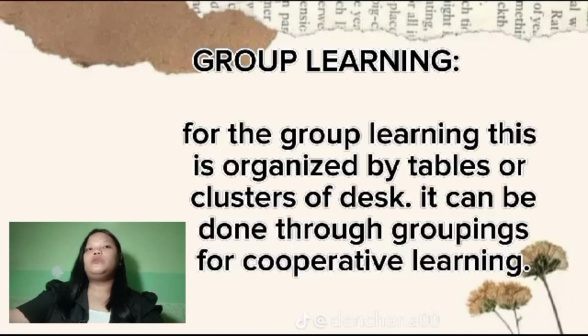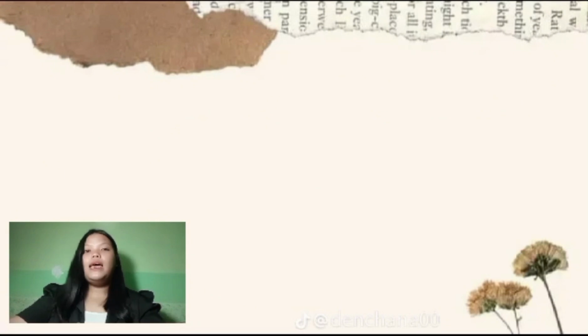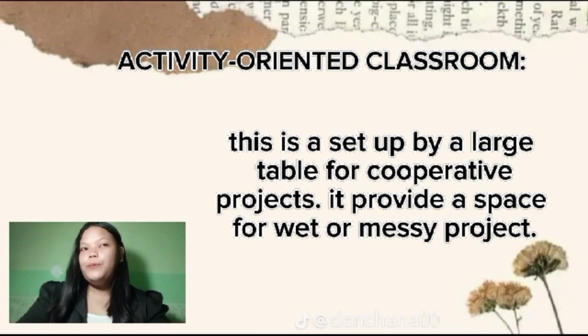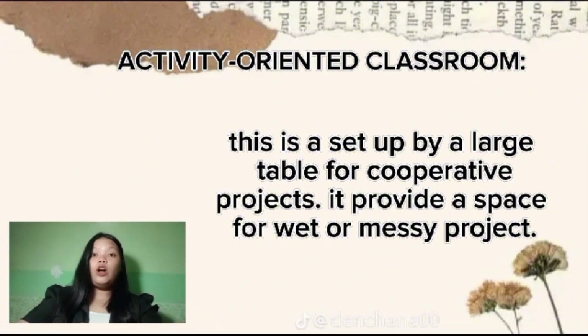For group learning, this is organized by tables or clusters of desks, and it can be done through groupings for cooperative learning. And lastly, the activity-oriented classroom is a setup with a large table for cooperative projects. You can provide a space for wet or messy projects.